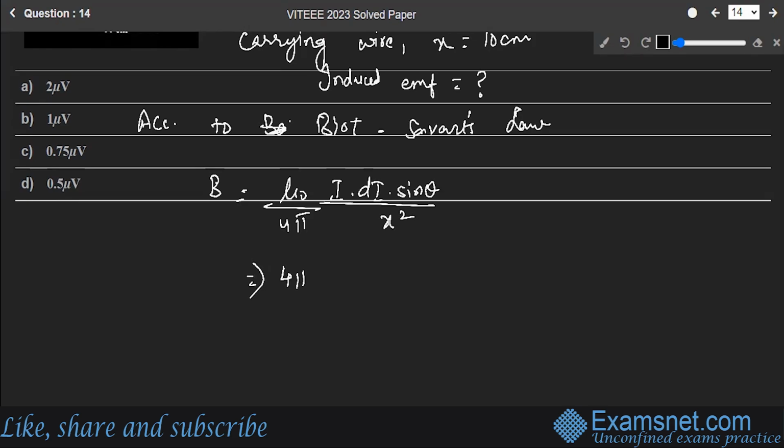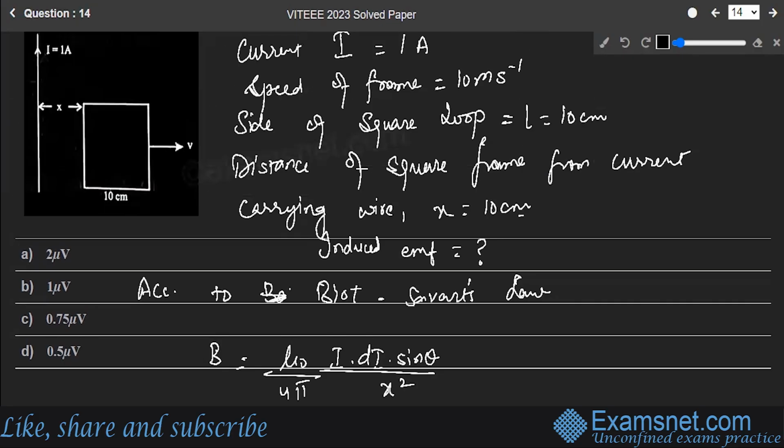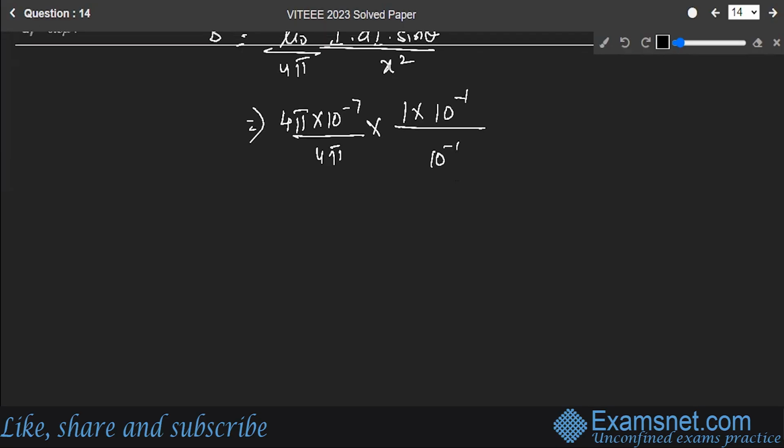So you have mu naught is 4 pi into 10 power minus 7 upon 4 pi into current is 1 dl 10 raised to power minus 1. This x is also, because this is 10 centimeter, this is equal to 0.1 meters. So you have this as 10 raised to power minus 1 whole square. On solving, this will give you 10 raised to power minus 6.